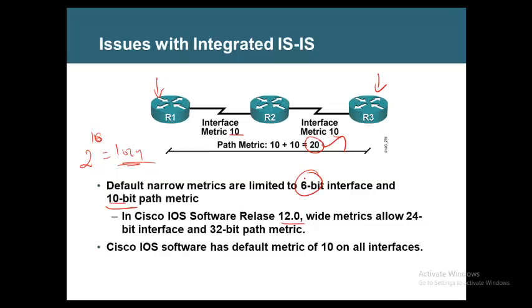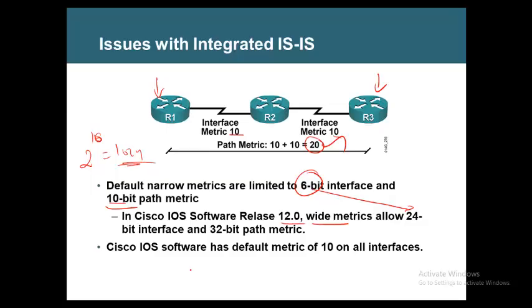For many, this is a very big doubt. What is wide metric in ISIS? Wide metric is nothing but increasing the number of bits from 6 to 24 under the interface and 10 to 32 for the path metric. You are going to just type metric type wide, that's all.